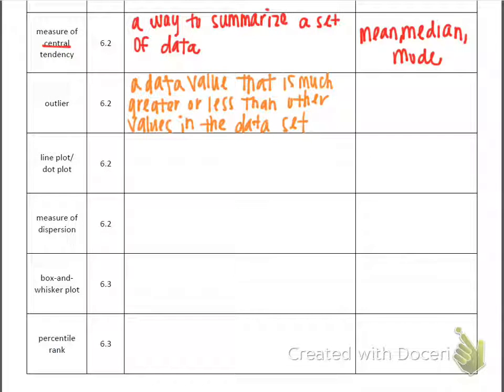So what we're going to be doing with our sets of data and looking at mean, median, and mode and our measures of dispersion are constructing line or dot plots. A line plot and dot plot are the same thing. It is a data display in which each mark above a number line corresponds to each data value.